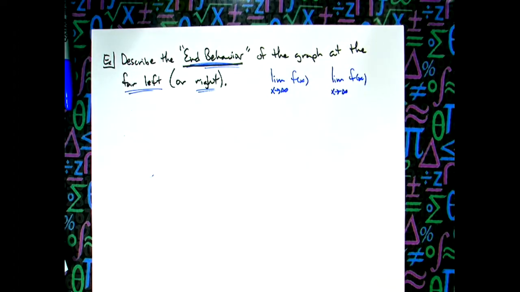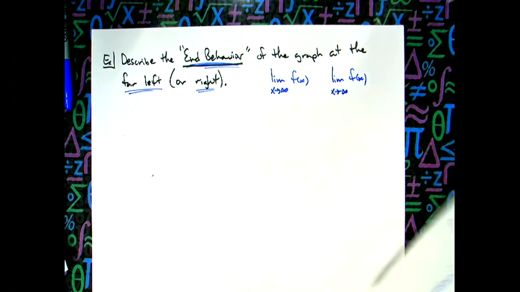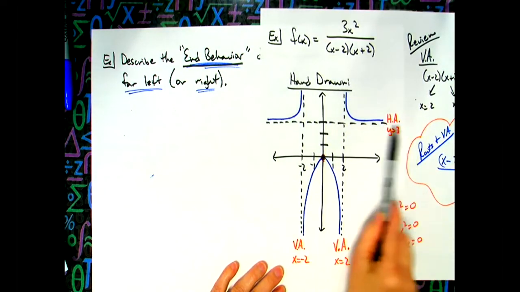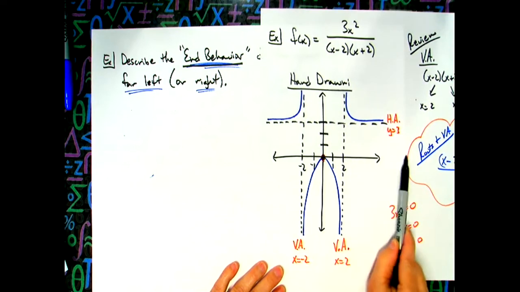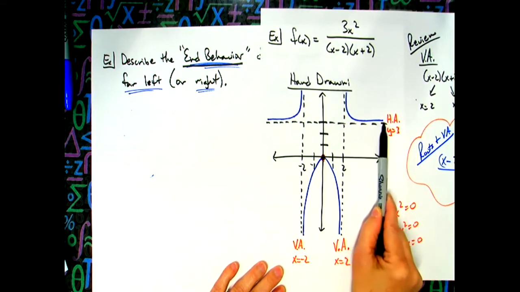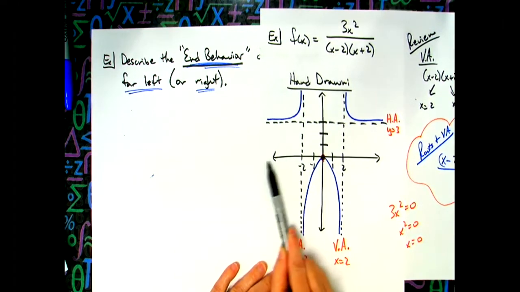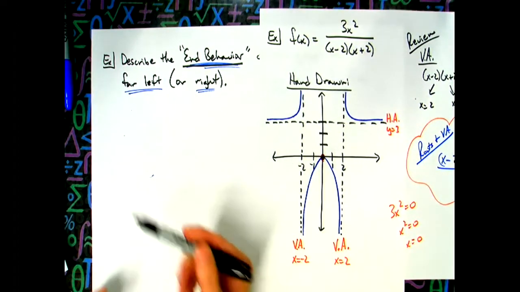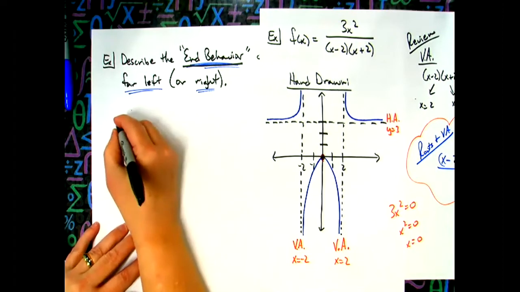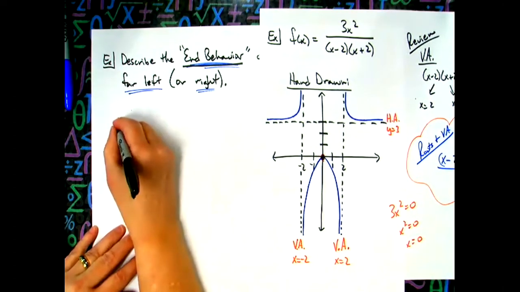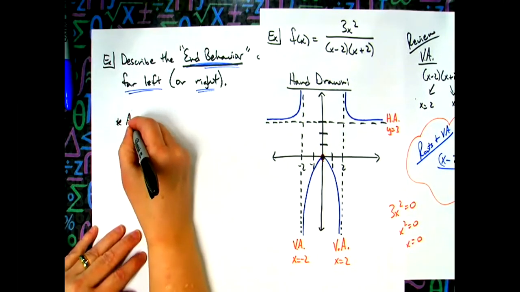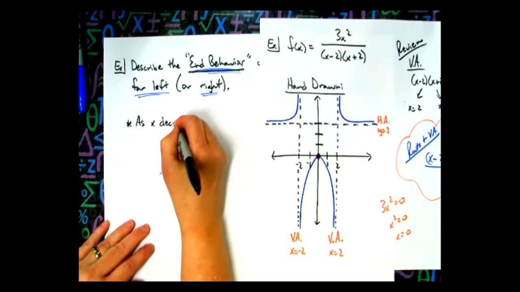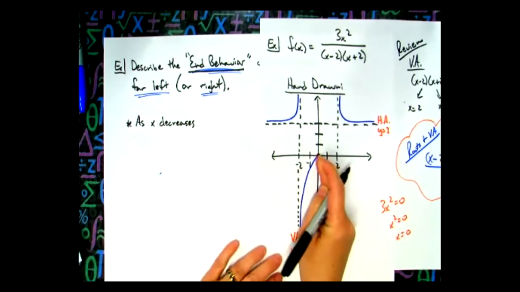Okay. So if I went back pulling up that picture, well, on the far right, as x increases, the function approaches 3. As x decreases, the function approaches 3. Okay, so instead of writing it with the limit notation, they're going to want you to say something along the lines of, as x decreases, that's this one, right?